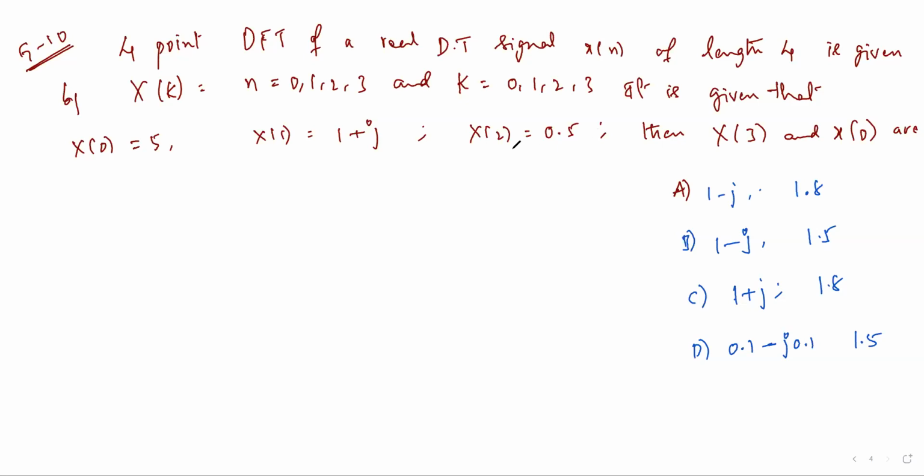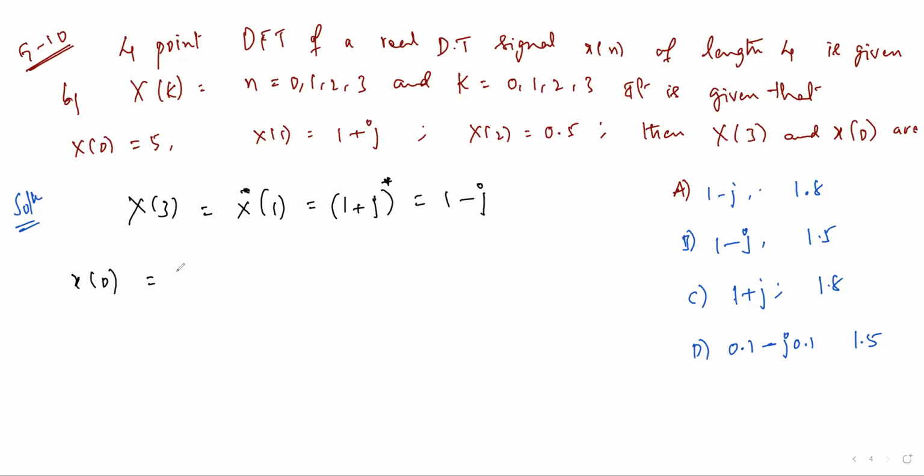To find X of 3, we have one logic. Here X of 3 should be the complex conjugate of X of 1. So X of 1 is 1 plus j, the complex conjugate is 1 minus j. That is fine.